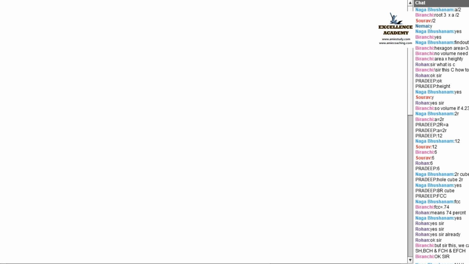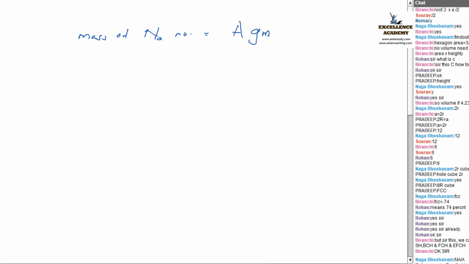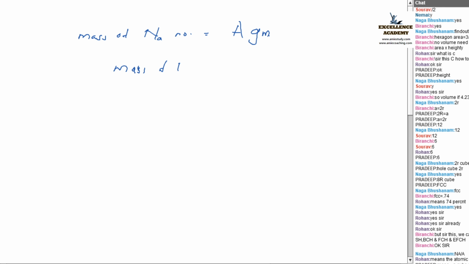The mass of Avogadro number of atoms, Na number of atoms, is equal to A gram, that is the atomic weight. Next, what is the mass of one atom? That is A by Na.